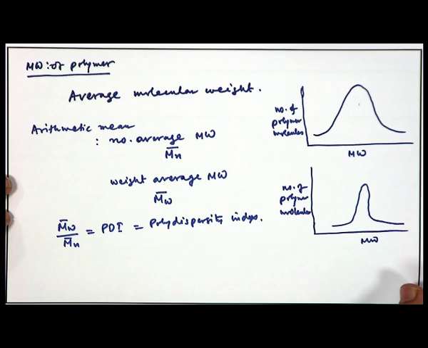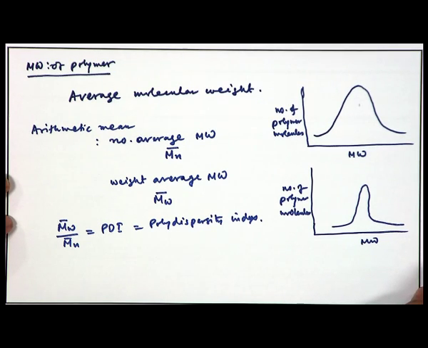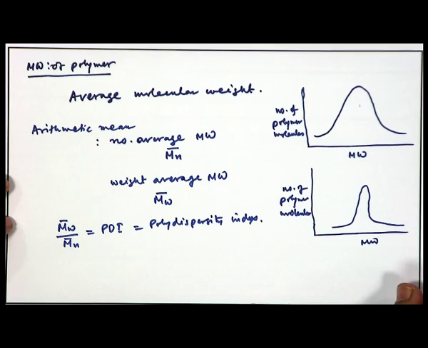To show the actual polymer distribution in a mixture in a polymer sample, you cannot do it with a single molecular weight. So, you need more than one molecular weight, which will be able to give you the width of the distribution of the molecular weight in the sample.